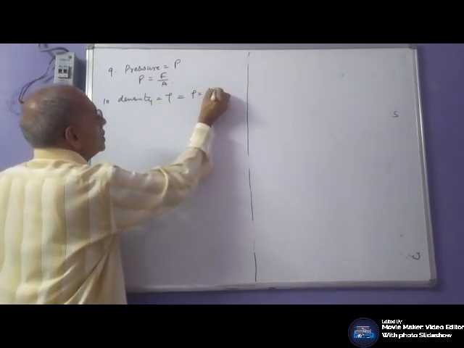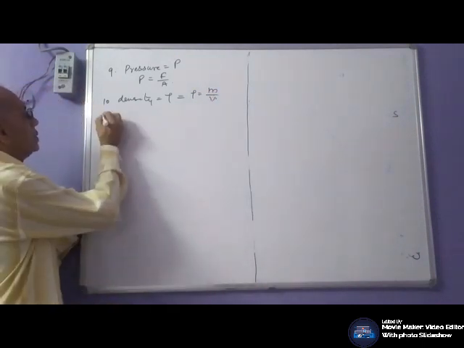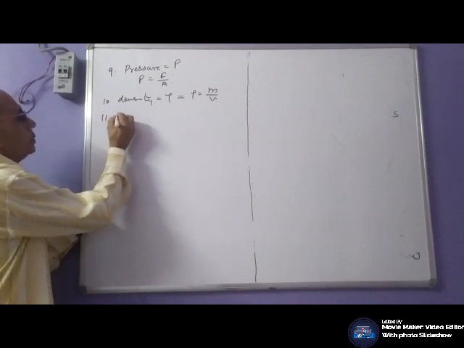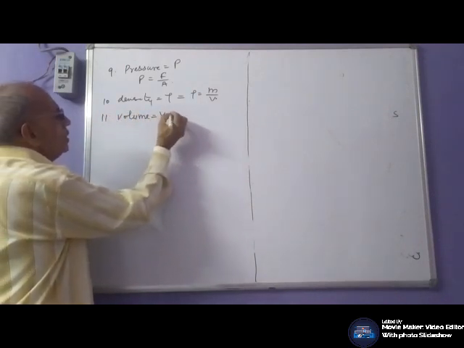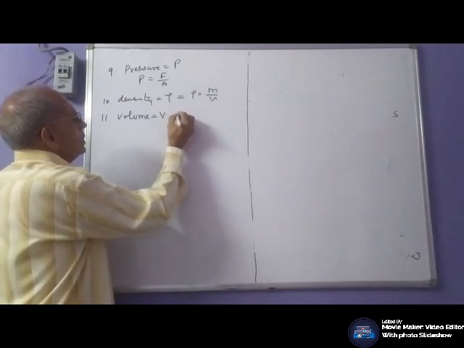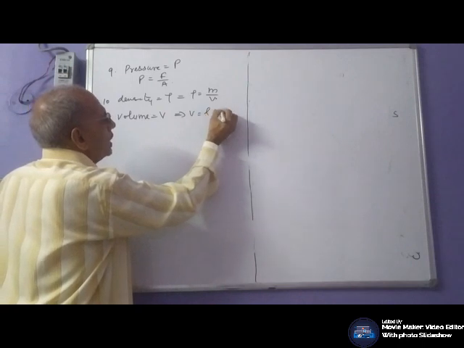Rho is m by V. Volume is capital V, and volume is LBH.